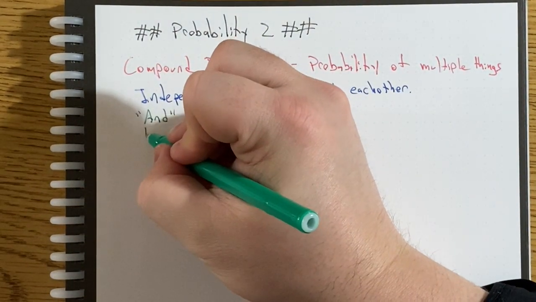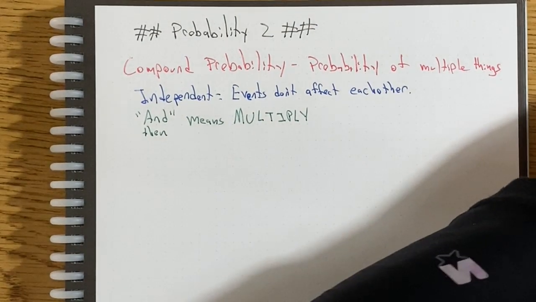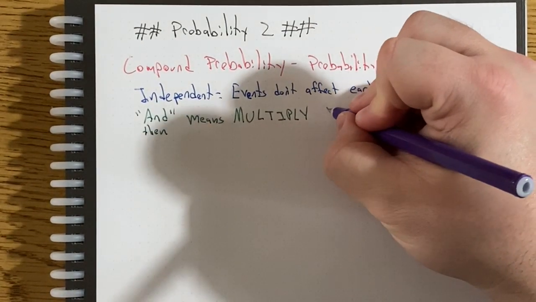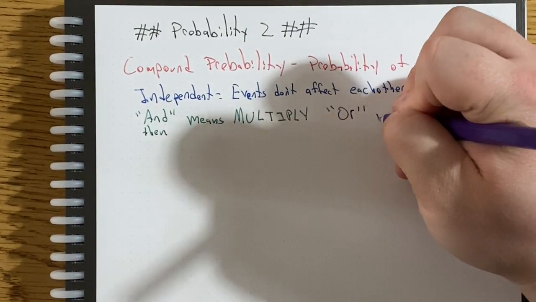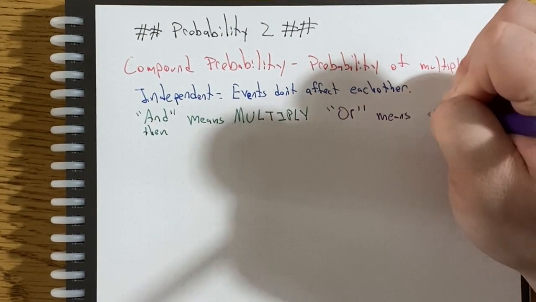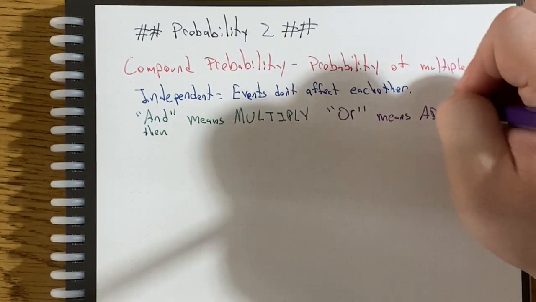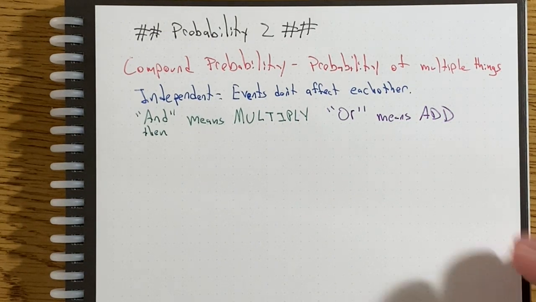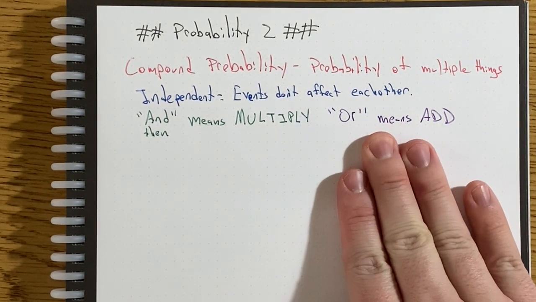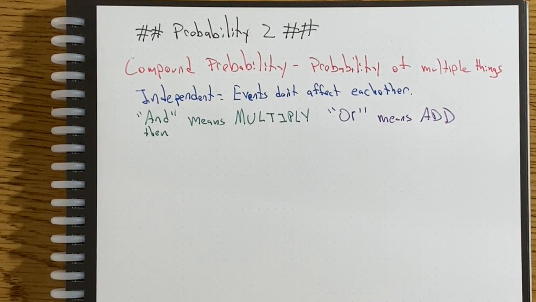And usually, actually, it's mostly and then. Or means add. And that's usually or things could happen at the same time. So or means kind of the same time. Multiply means different times, and that means to multiply.